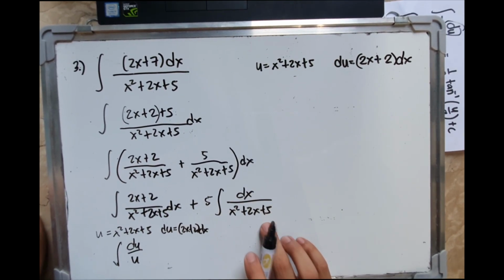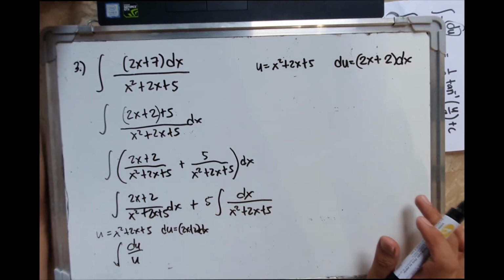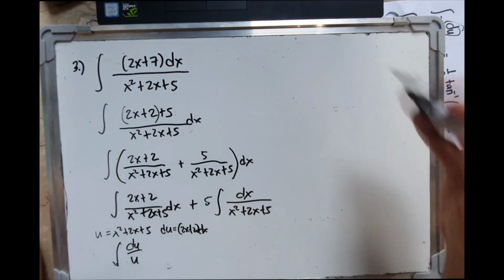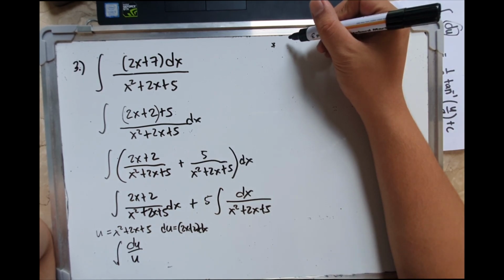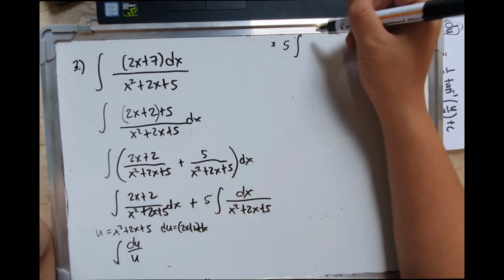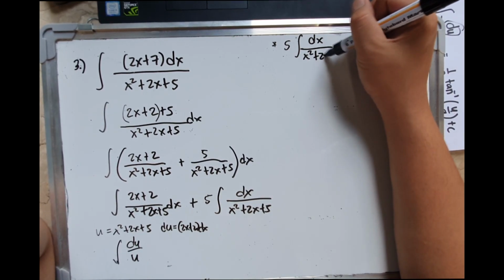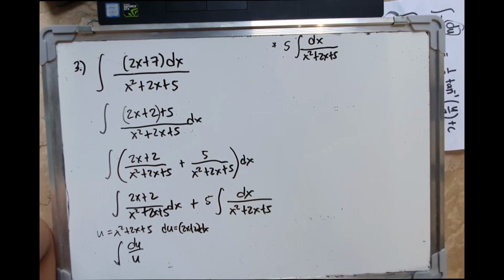This could be part of the inverse formula since we have dx only in the numerator. We have 5 times the integral of dx over x squared plus 2x plus 5.